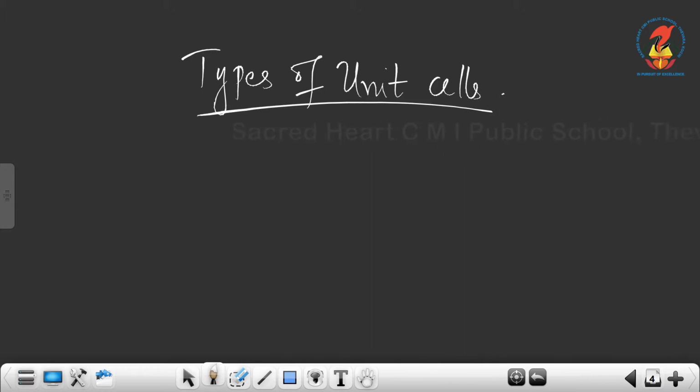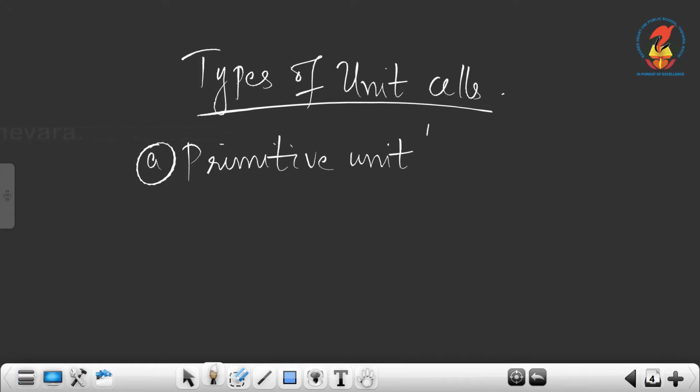So unit cell means it is the smallest portion in a crystal lattice. Now what are the different types of unit cells? Unit cells are mainly divided into 2 types. The first one is primitive unit cell or simple unit cell.